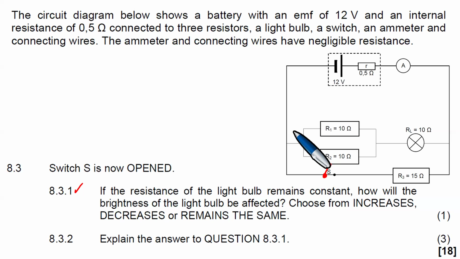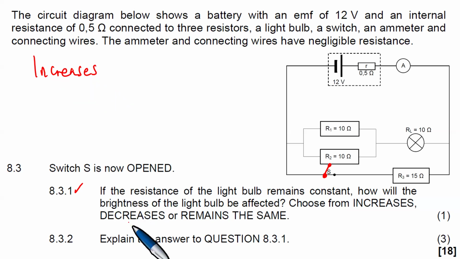And this is actually the answer we're going to accept in this particular question, but obviously it was given exactly 1 mark. Right, so given only 1 mark suggests that in 8.3.1 you don't need to write a lot. So obviously we agree that it increases.